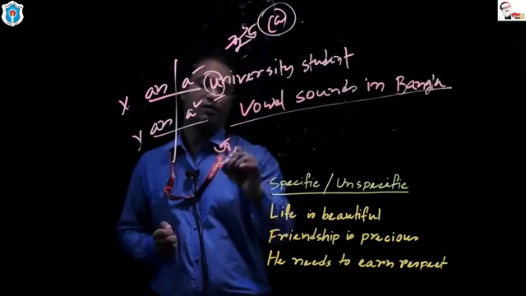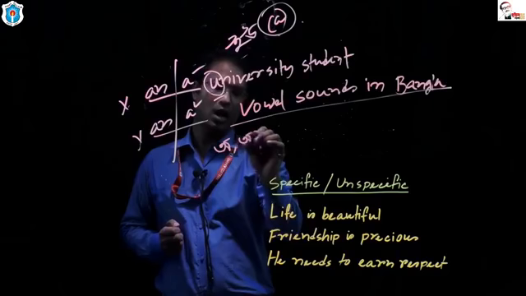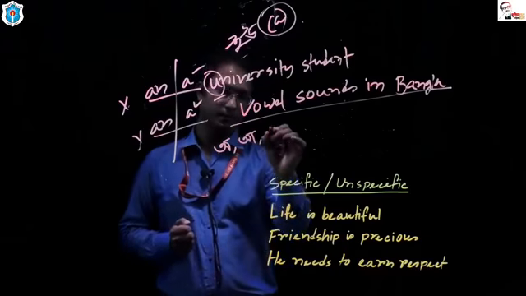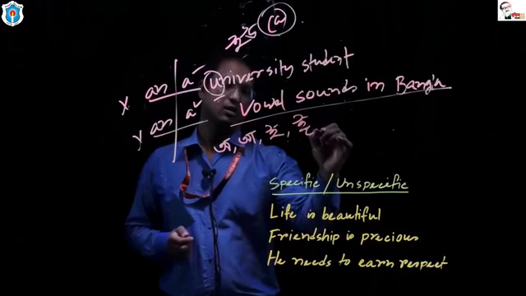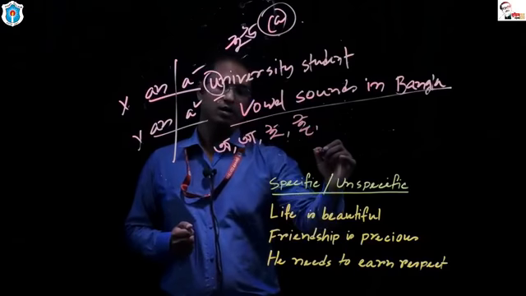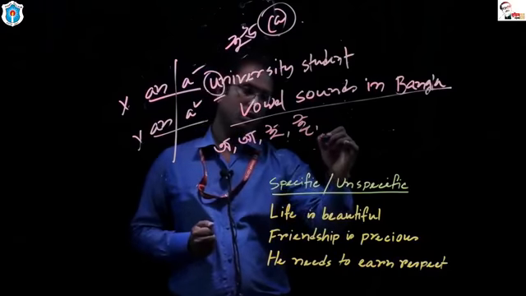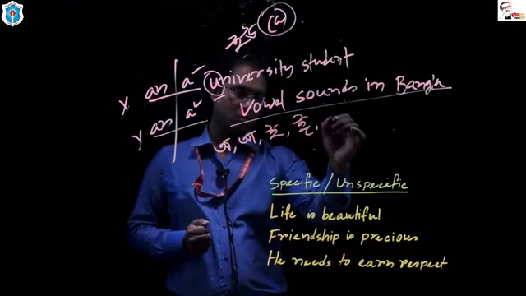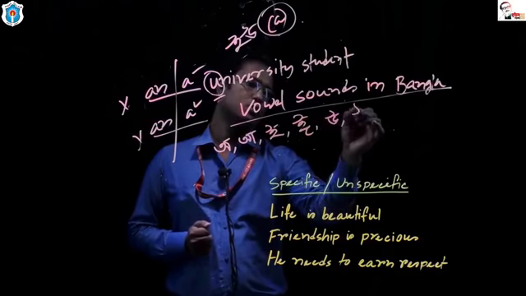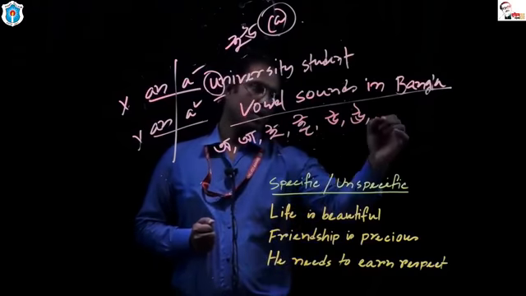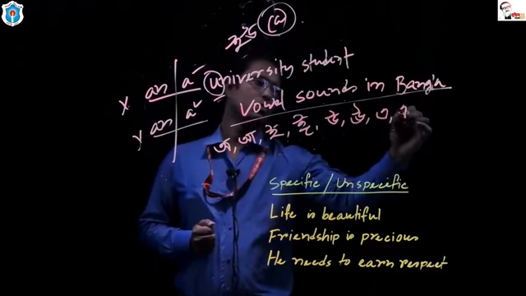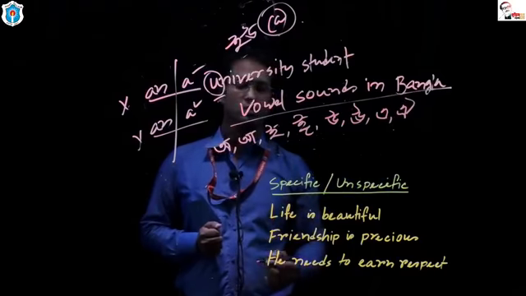Wa is a vowel sound. A is a vowel sound. E is a vowel sound. Long E is a vowel sound. O, A, E. U is a vowel sound. Long U is also a vowel sound. A is a vowel sound. O is a vowel sound.